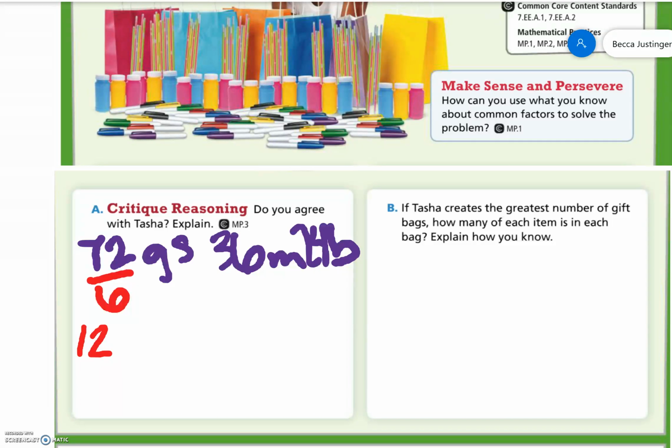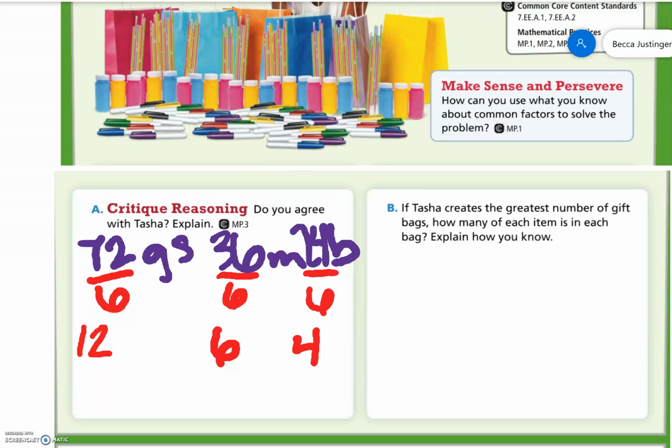Right, let's double check. Yep, 36 divided by 6 is 6, and 24 divided by 6, no, 24 divided by 6 is 4.